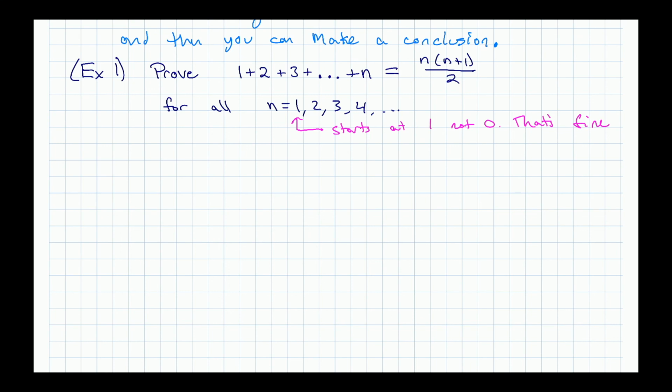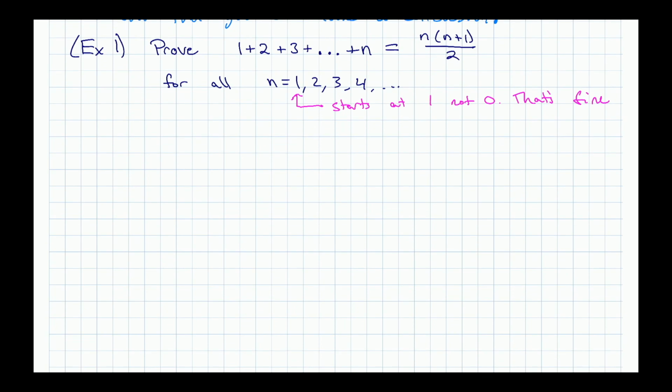What else can we say about it? Well, let's just get an idea of what's happening here. Like if you check what it is for n equals 5, then the left-hand side is 1 plus 2 plus 3 plus 4 plus 5. So you add those up, and what do you get? Well, 1 plus 2 is 3, 3 plus 3 is 6, 6 plus 4 is 10, 10 plus 5 is 15. So that is 15, right? And the right-hand side is n times n plus 1 over 2.